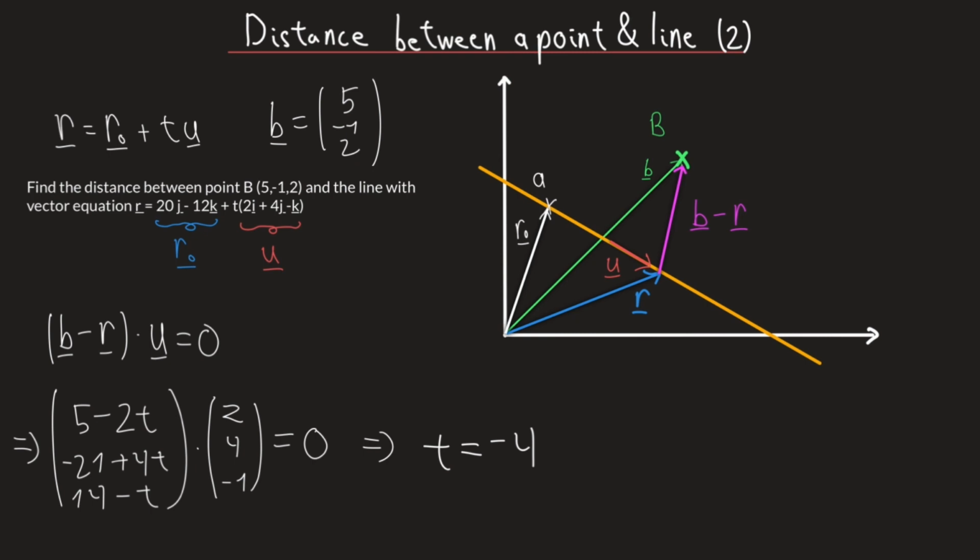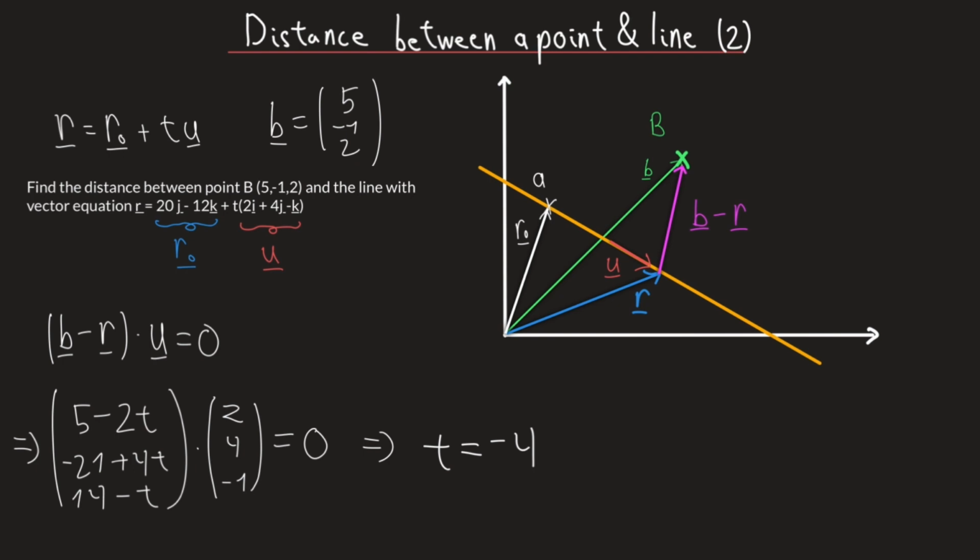Now, it's important to note that we don't really need to know which point allows us to find the distance, because if we plug in t equals -4 in this expression over here, which represents b minus r, then we get that b minus r is perpendicular to u.